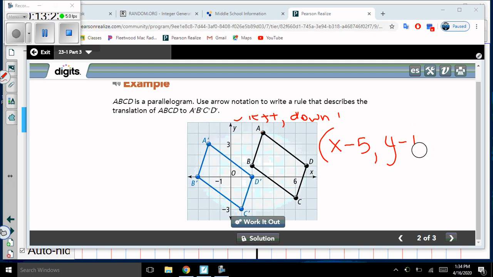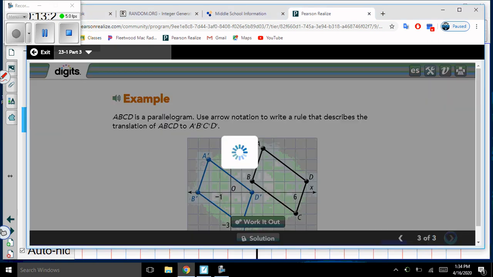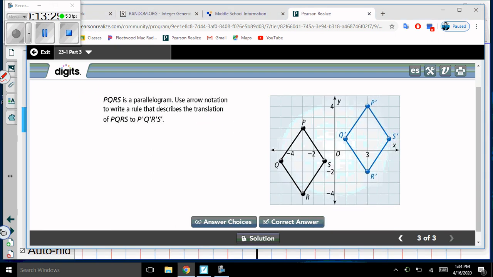Moving on to my last example problem. We have PQRS, that also is a parallelogram. We're going to use arrow notation. We're going black to blue once again. I'm going to take a look at just P, and I'm going to go 1, 2, 3, 4, 5, 6, it looks like.